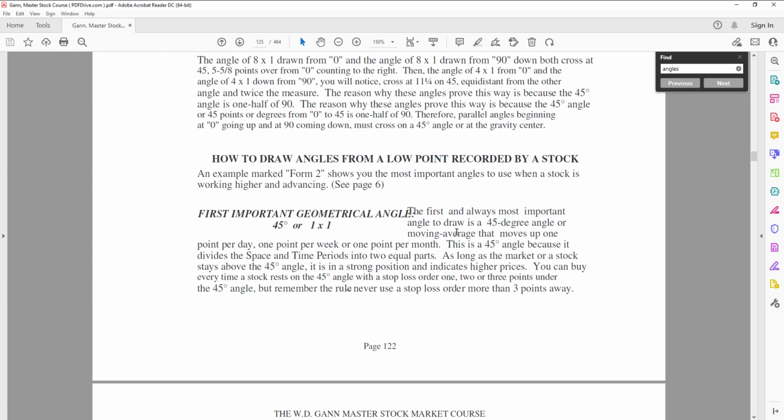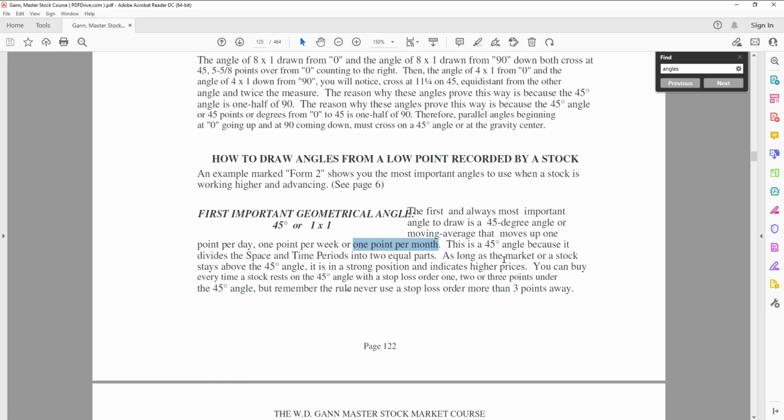So let's continue. That moves up 1 point per day, 1 point per week, or 1 point per month. This is a 45-degree angle because it divides the space and time periods into two equal parts.